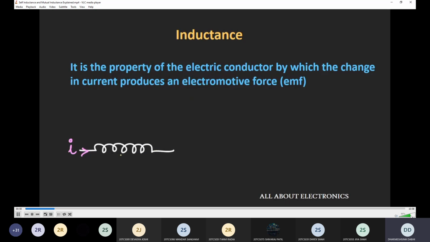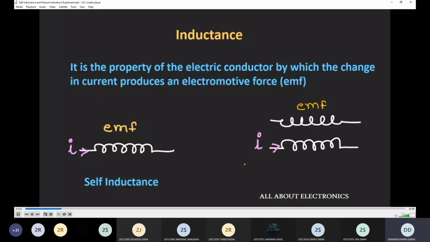The rate of change of current through this coil produces an EMF or voltage. If this EMF is produced within that same coil, it is called self-inductance. And if the rate of change of current produces an EMF in a nearby coil, it is called mutual inductance. So let's first understand self-inductance.